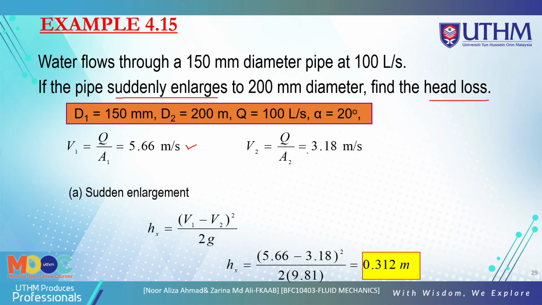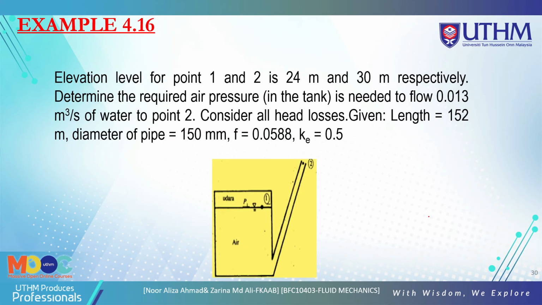And V2 with the same Q but the different diameter, diameter 2, so we get velocity 2. Using the sudden enlargement formula, V1 minus V2, squared, over 2g, you just put in the values until you get the value of HF due to sudden enlargement. So this is the concept here.